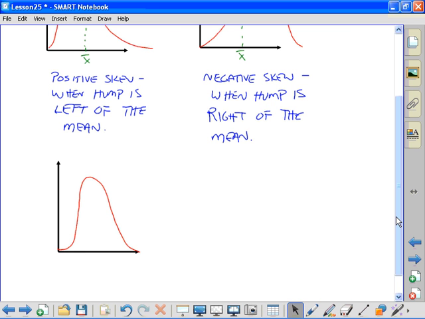A normal distribution is when the mean and the hump line up. The two above, the positive and negative, are compared to what we call a normal distribution.